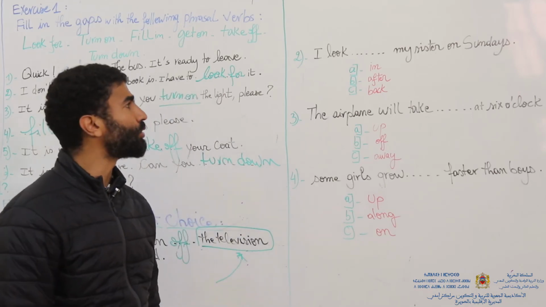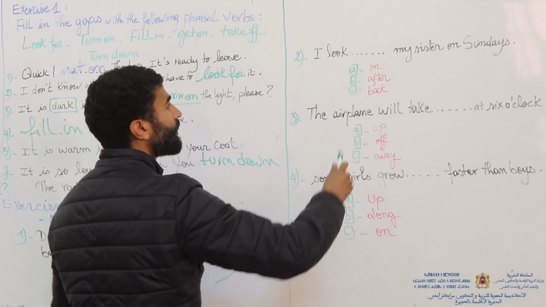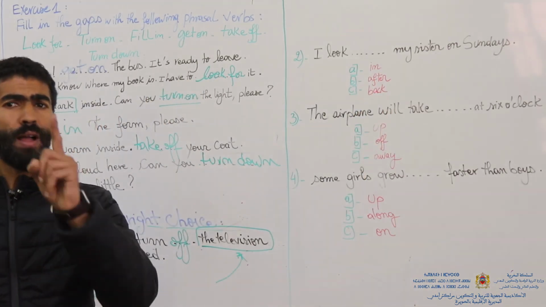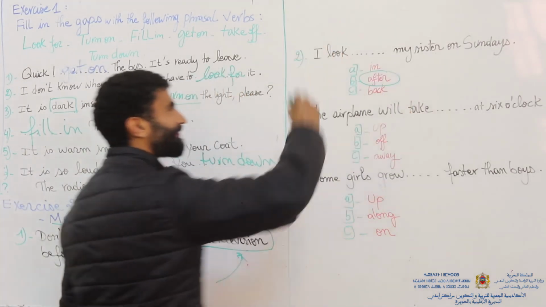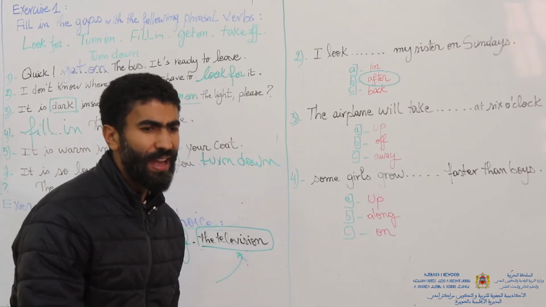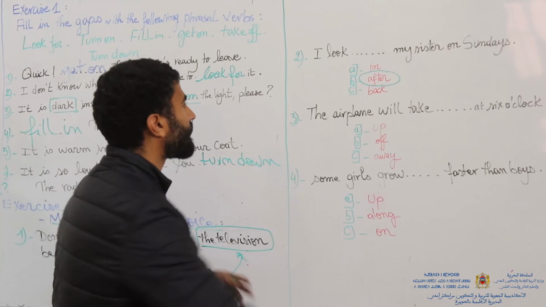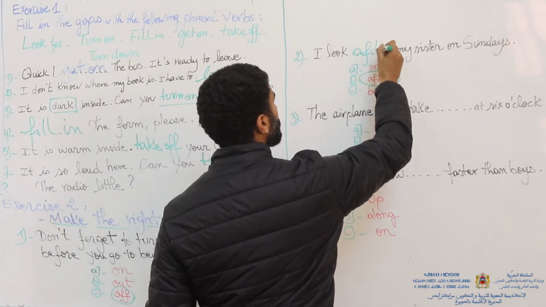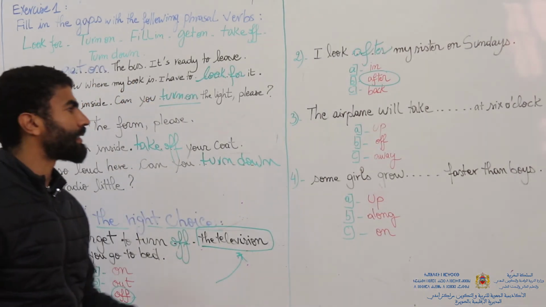What are you going to do? To look? So, is it to look in, after, or back? There is also one preposition which is correct, is to look after. And that's what it is. Because my little sister is very young, she can go to fire, she can do something. So in here, I look after. I look after my sister on Sundays.